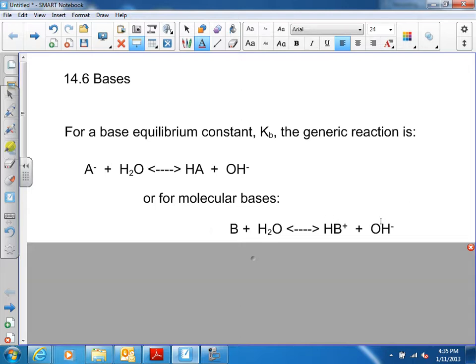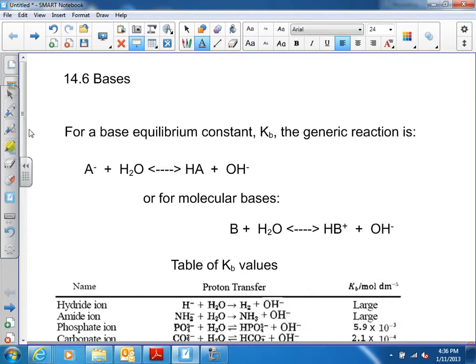And again, we will form OH minus. So no matter what, with a base reaction, we form hydroxide, and the conjugate acid, right here, the conjugate acid to the base.